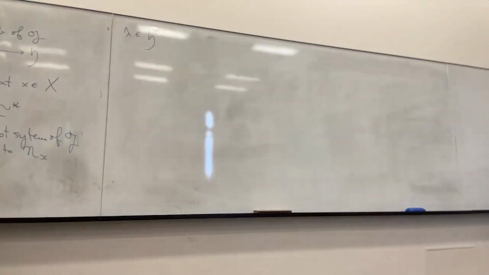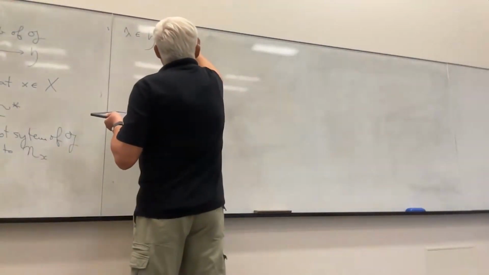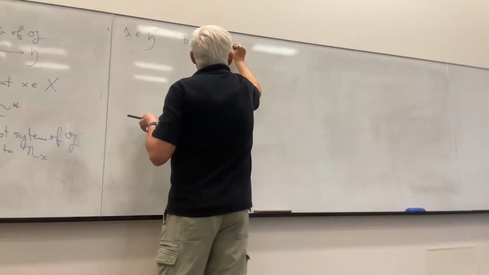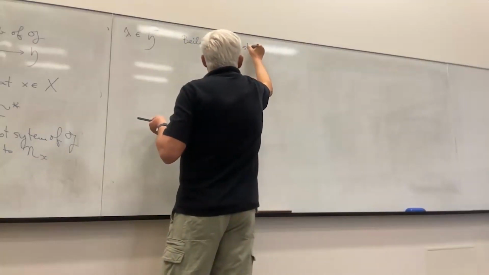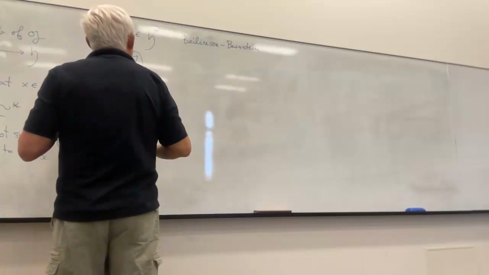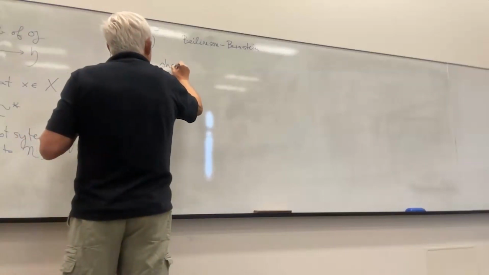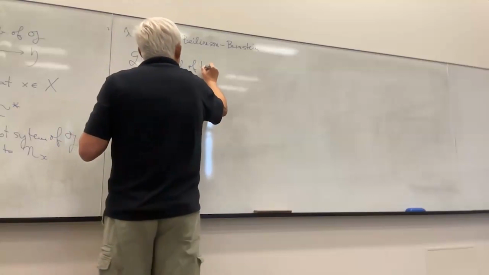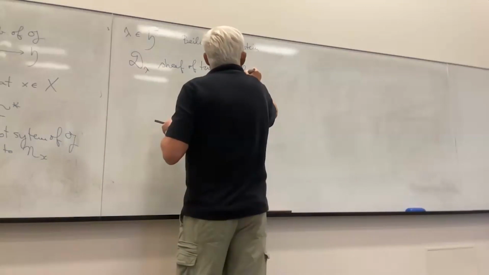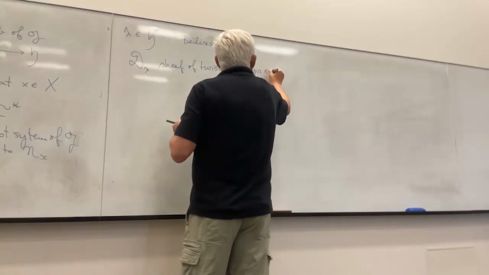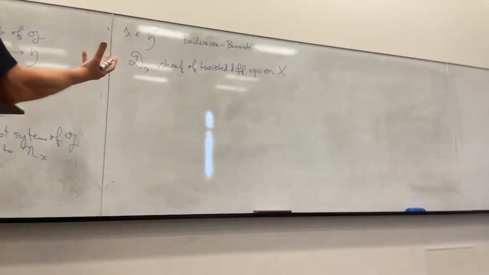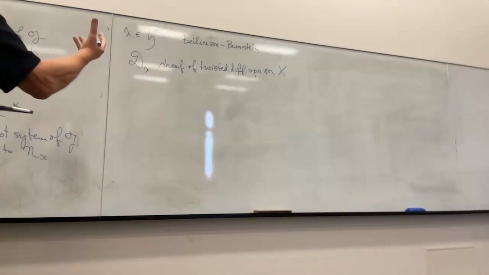So, for any lambda in h star, Beilinson and Bernstein constructed D_lambda on X, which is a sheaf of twisted differential operators on X. So this means that, I mean, I don't want to go into the precise definition.